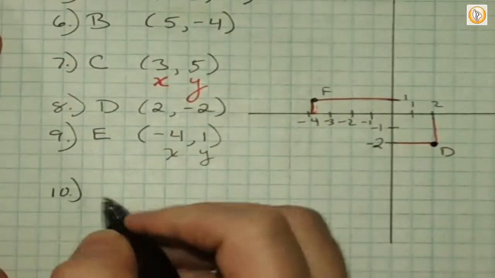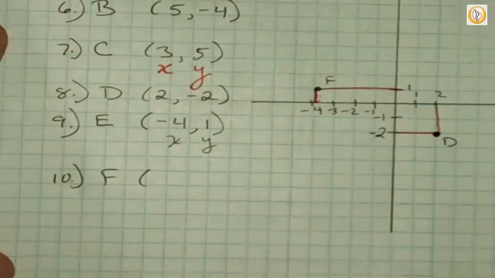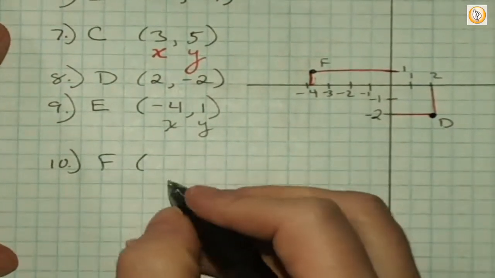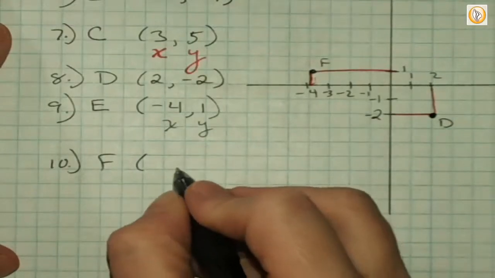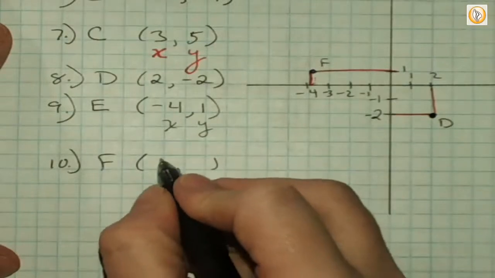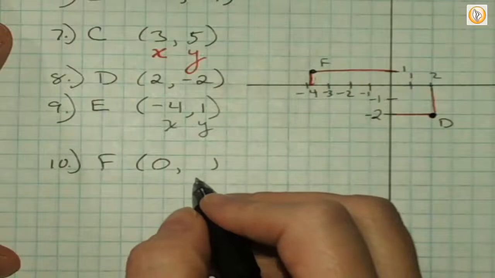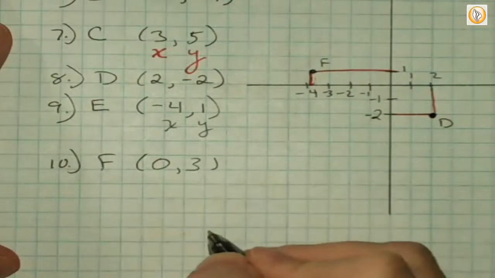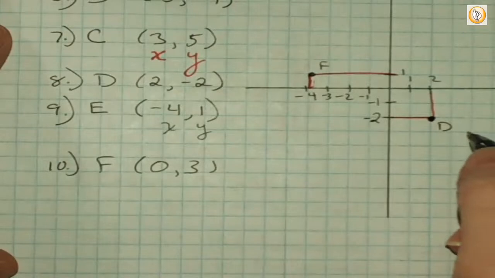All right, F. What would your X be? Yep. Because it doesn't go left or right, 3, and then it goes up 3. Is everyone seeing this?